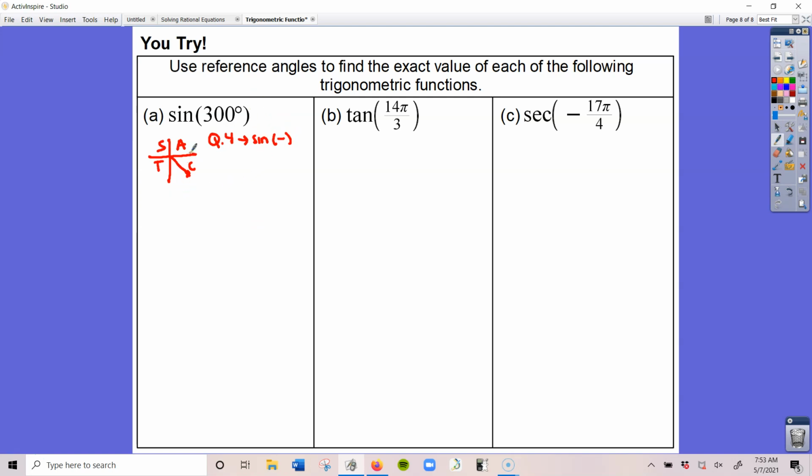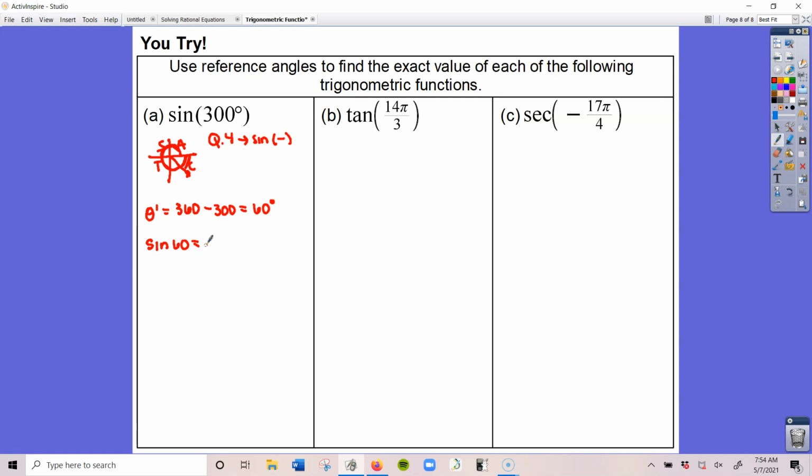Now we need to find that reference angle. Since this is 300 degrees, my reference angle would be this piece here. In order to find that leftover piece, it would be the full revolution minus the 300. So that gives me 60 degrees. Now we're going to find the sine of 60 degrees, which again, you need to start practicing remembering that first quadrant.